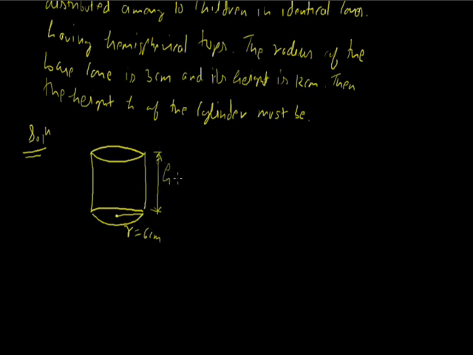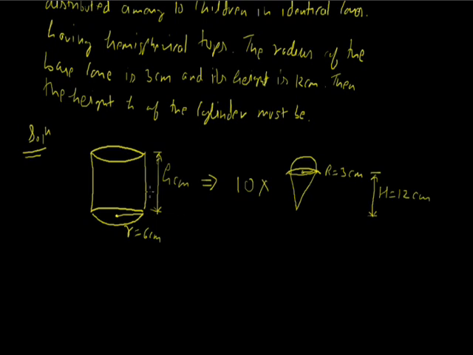Height is small h centimeter. इसमें एक आइसक्रीम भरी हुई है और उस आइसक्रीम को हम डिस्ट्रीब्यूट कर रहे हैं among 10 students in identical cones with hemispherical top in this way. The radius of the cone is 3 centimeter and the height of the cone is 12 centimeter. So we have to find the height of this cylinder.